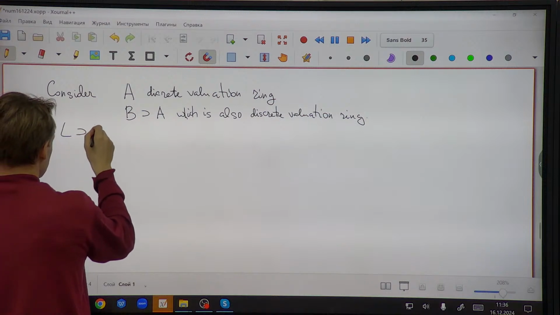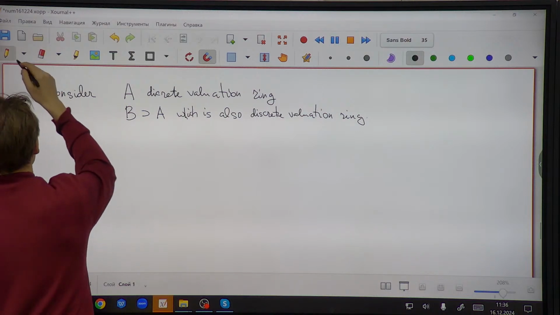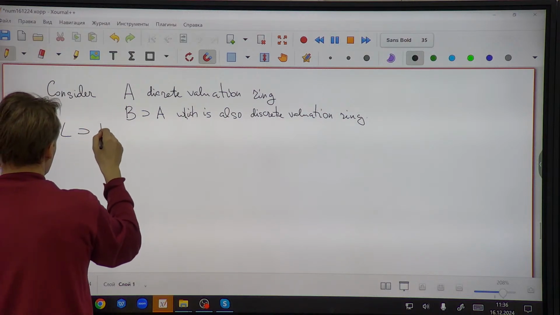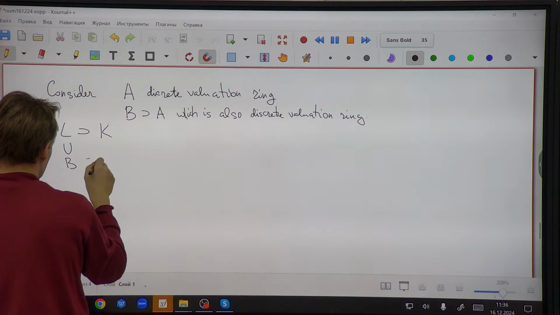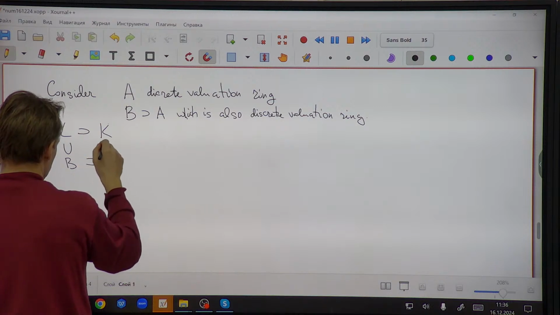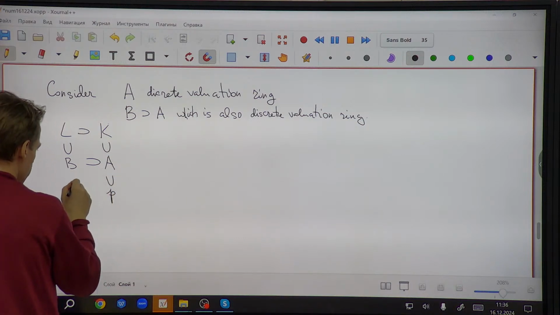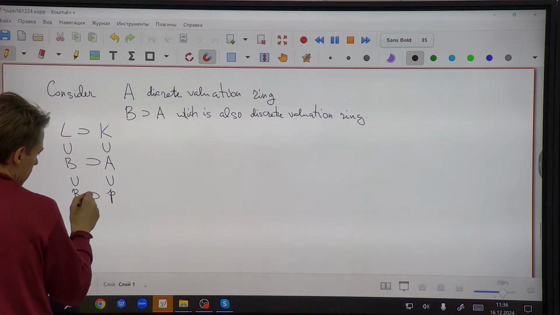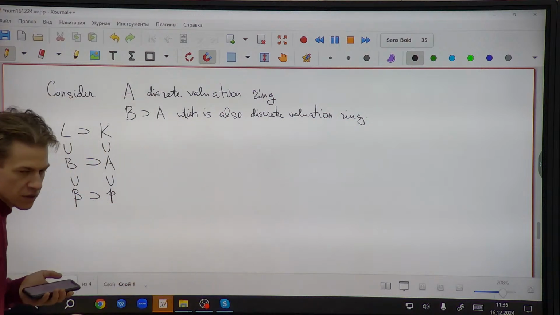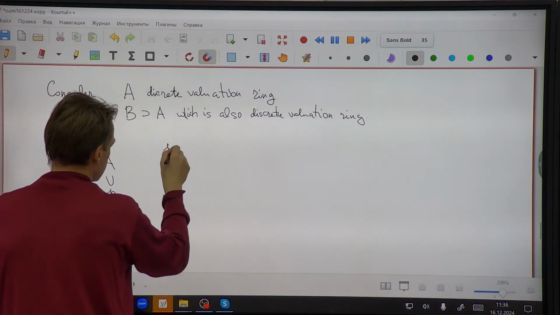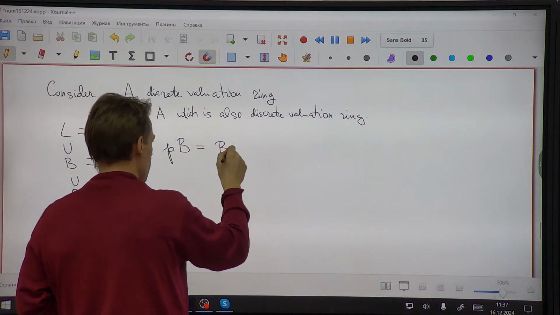So you have the extension of fields, here you have the ideal p, here you have the ideal beta lying over it, and notice that since B is a discrete valuation ring, there is only one ideal lying over p. So pB is just beta to some power.